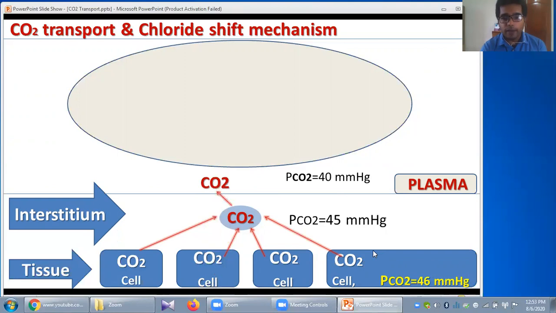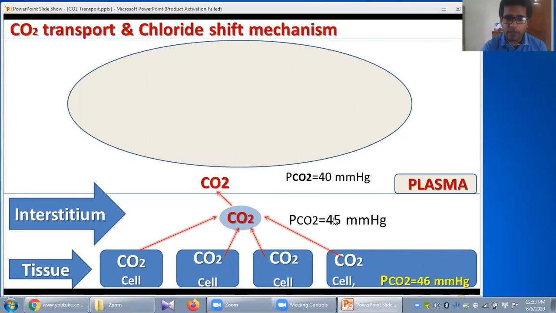Now, as you have seen here, in the interstitium the partial pressure of carbon dioxide is 45 millimeter of mercury. And the blood coming to the tissue capillary from the arterial side has a partial pressure of carbon dioxide of 40 millimeter of mercury. That means it's 5 millimeter less than the partial pressure of carbon dioxide in the interstitium.